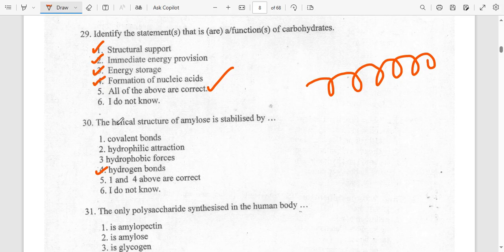Inside the hydrogen bonds, you also have covalent bonds, because between one glucose molecule and another glucose molecule, you need a covalent bond. And that covalent bond is known as a what? A glycosidic bond. So we can pick 1 and 4 correct.